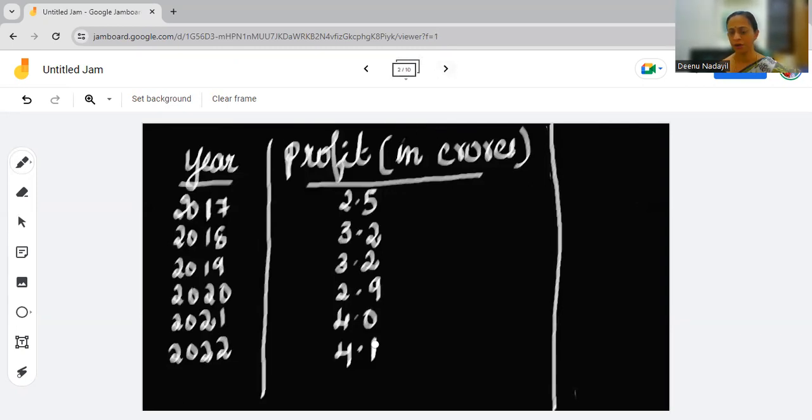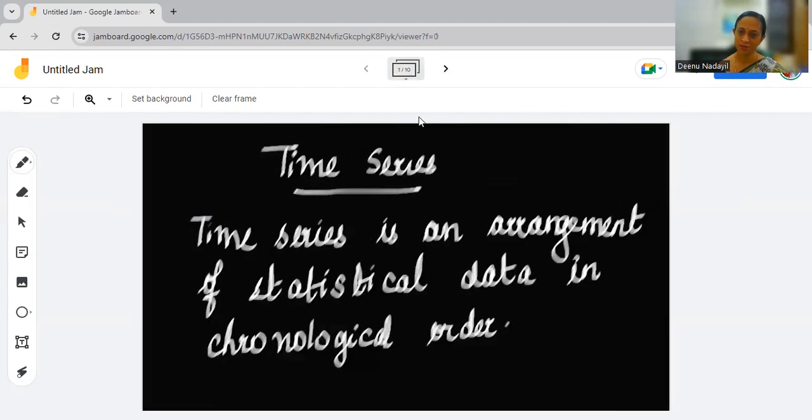So before coming to the components, what do you mean by chronological order, by the way? Here it is given from 2017 to 22. Profit in crores is also given: 2.5 crores, 3.2, up to 4.1. So what is time series? It is an arrangement of data in some chronological order.